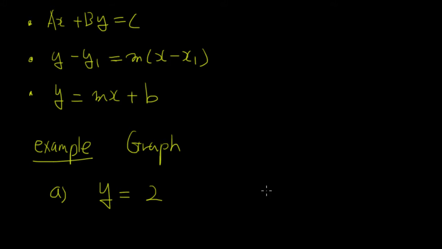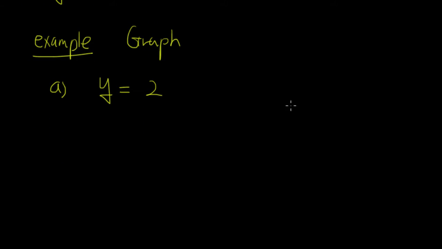How would you graph this? If you think about it, the first point that comes to my mind, with this as the y-axis and this as the x-axis, is this point right there, the y equals 2 point.